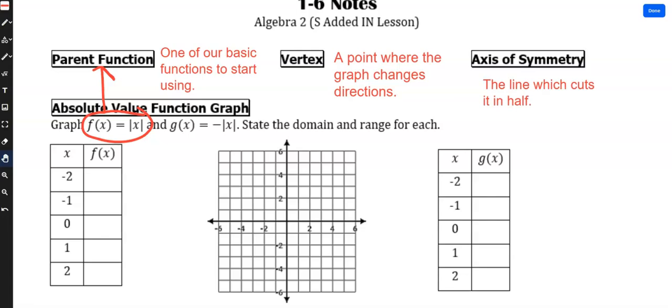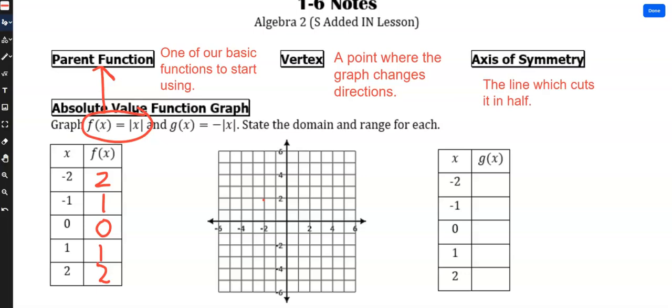So remember, absolute value is the distance away from 0. So how far is -2 away from 0? That's 2 units. How far is -1 away from 0? That's 1 unit. How far is 0 away from 0? 0 units. And 1 is 1 unit away, and 2 is 2 units away. So if you graph these things, you're going to get, that just looks horrible.